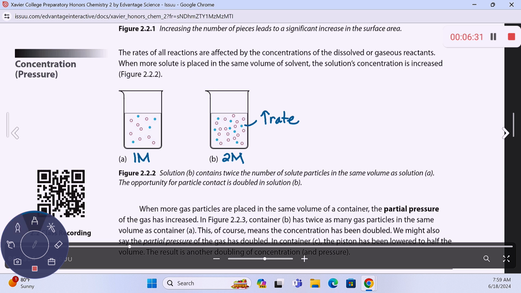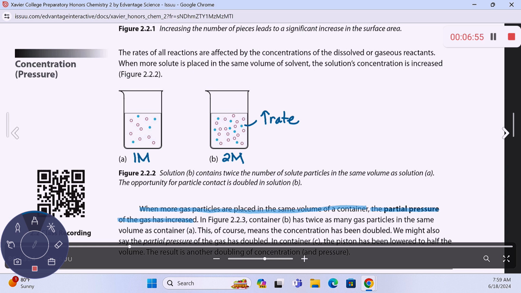If we're talking about a gas sample that's a mixture of different gaseous reactants, if you increase the number of gas particles in the same container, we will often refer to it as increasing the partial pressures of the gases that are in that mixture or reaction mixture, okay?